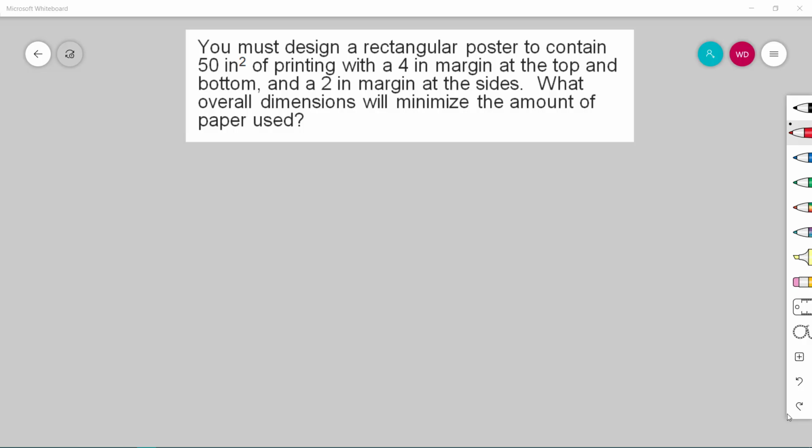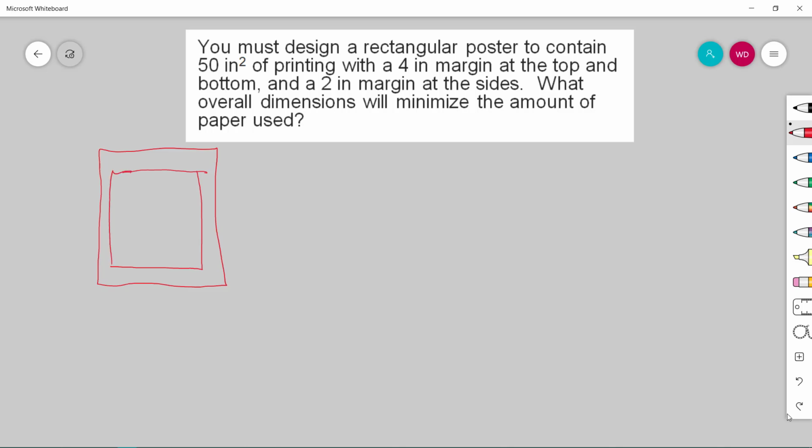Okay, so for a problem like this, let's just draw a little picture. Let's suppose that here's our piece of paper, and then we'll have margins to it. Excuse my drawing, I know it's terrible.